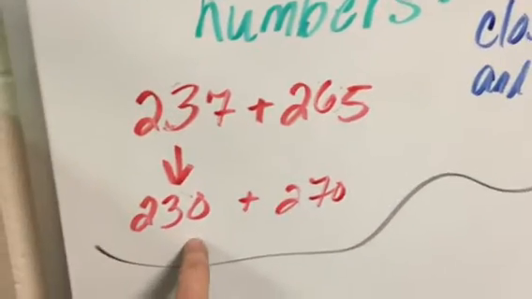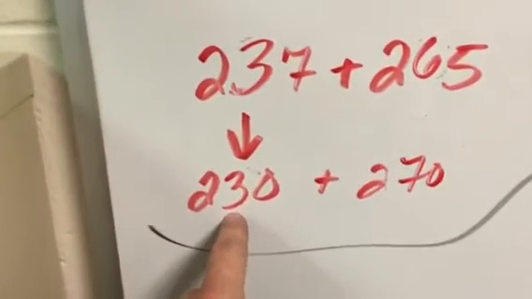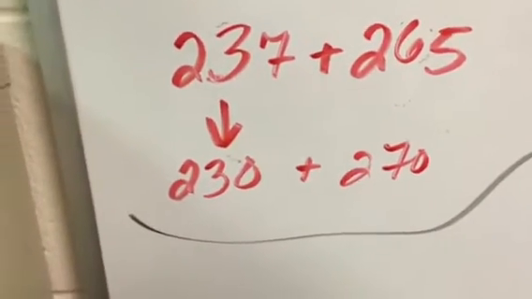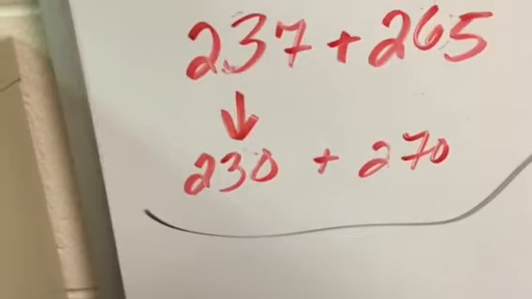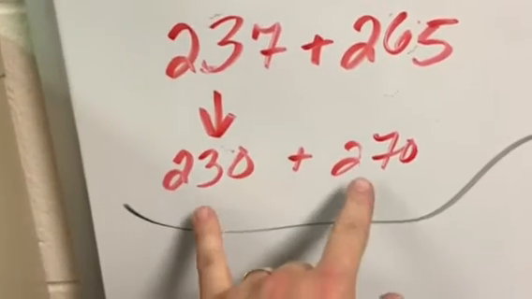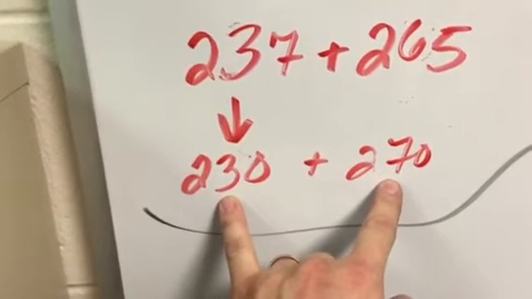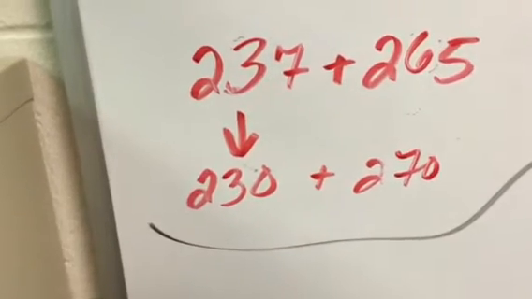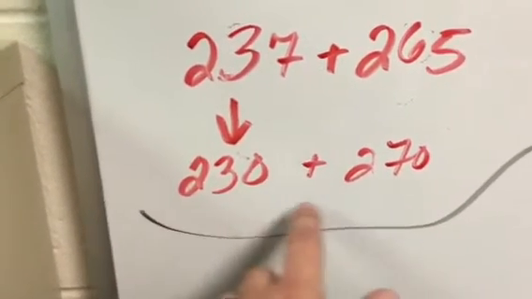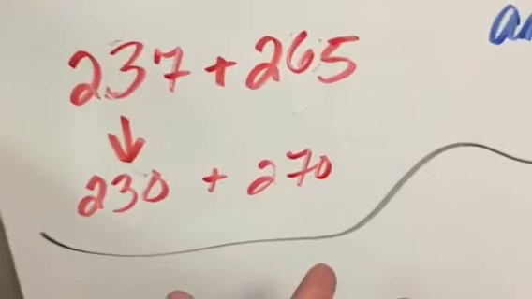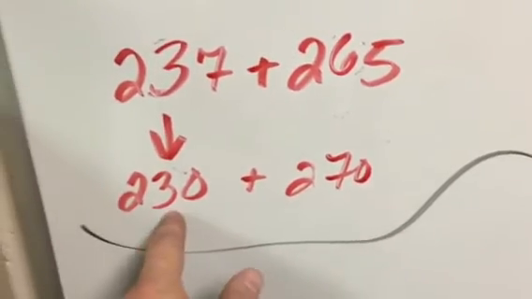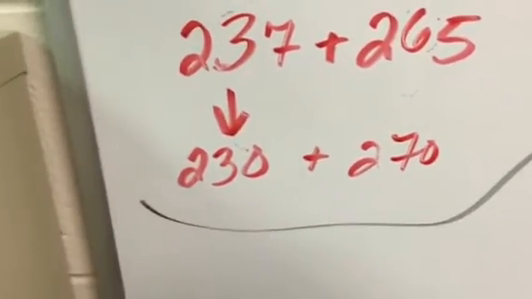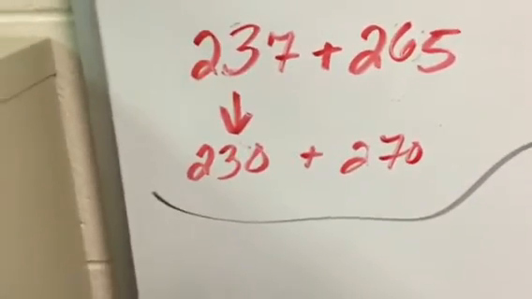So I'm going to change my numbers to that because I know that 3 and 7 are compatible, that when I'm adding them, I can add them together and get 10 really easily. So my tens column will equal 10. So I'll have 2 plus 2 plus one more from my compatible numbers, and that'll give me about 500.